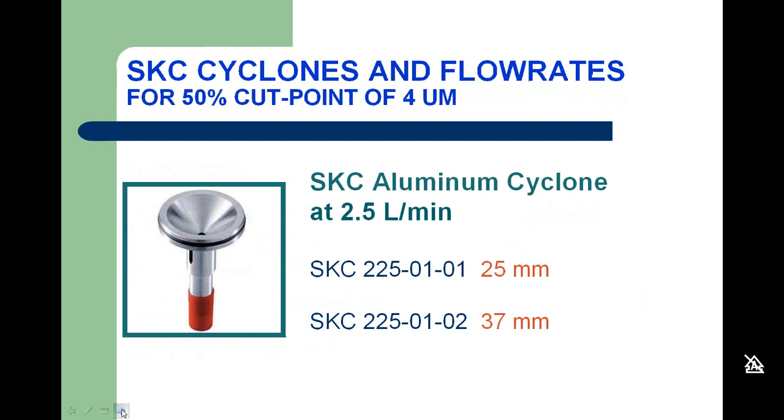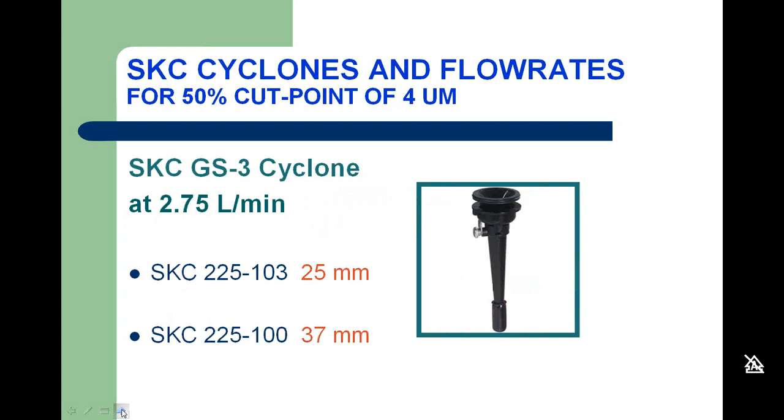SKC has several cyclones that meet the new global consensus definition of respirable dust samplers at designated flow rates. The SKC aluminum cyclone achieves the 4 micron cut point at 2.5 liters per minute. The SKC GS3 cyclone achieves the 50% cut point of 4 micron at 2.75 liters per minute.